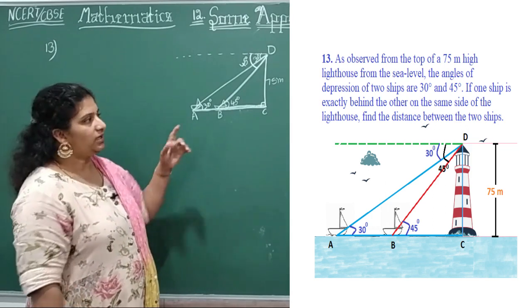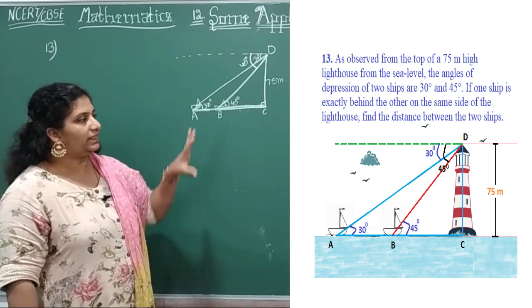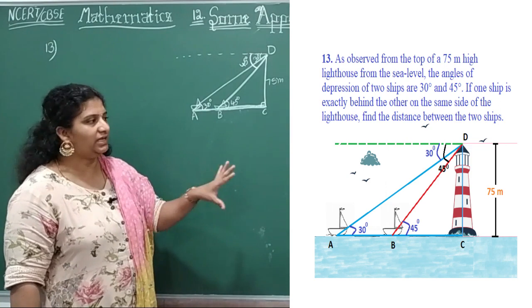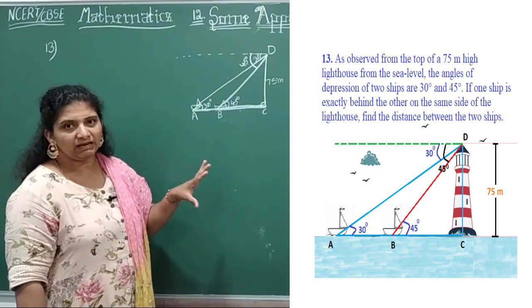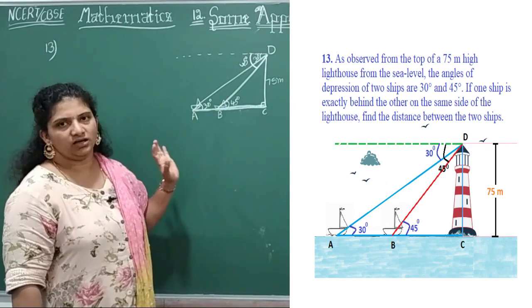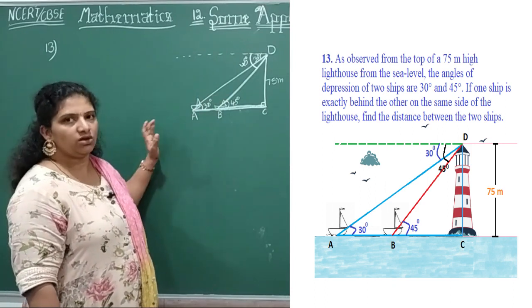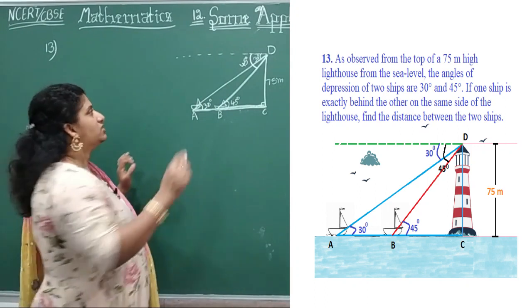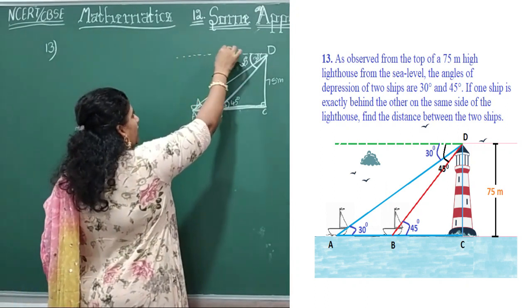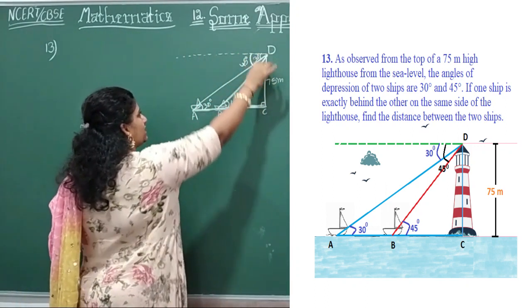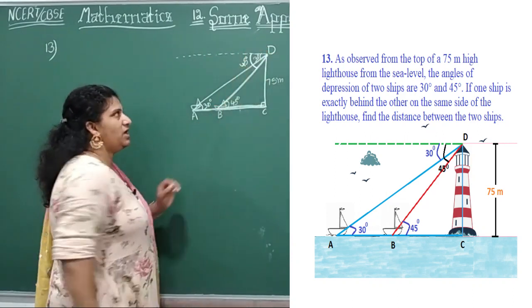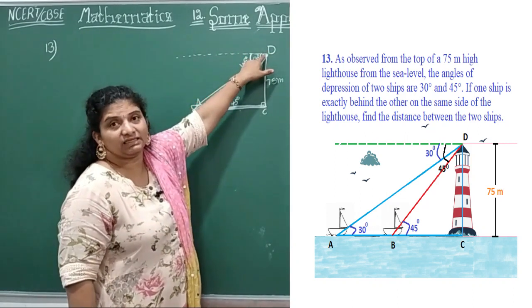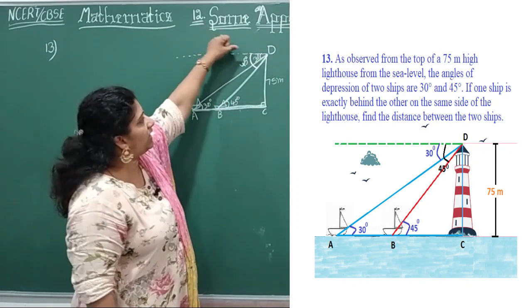Look here, children, there you can see the picture, but in that picture, what we need, right angle triangles are drawn here again separately. So look here carefully, when we talk about depression, let me draw a dotted line here. This is your lighthouse, CD is the lighthouse. From here, the angle is 30 degrees. Look here carefully.